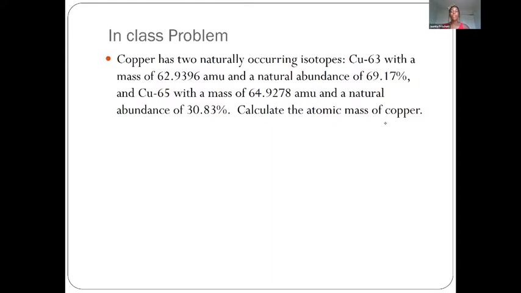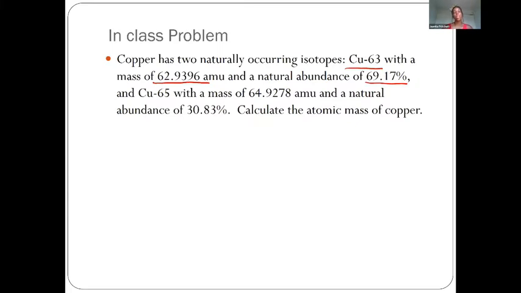So let's look at what information we were provided here. We see a lot of numbers, so it's easy to get lost in what it is that we're truly solving for. We're told that copper 63, in this case the 63 is representing the mass number, has an atomic mass of 62.9396 and a natural abundance of 69.17%.